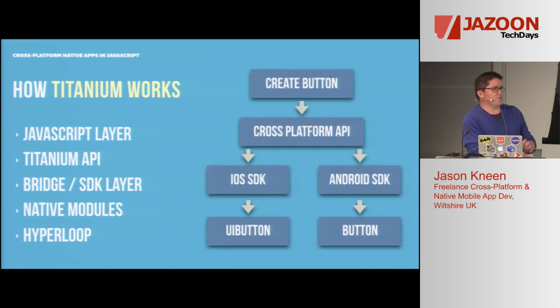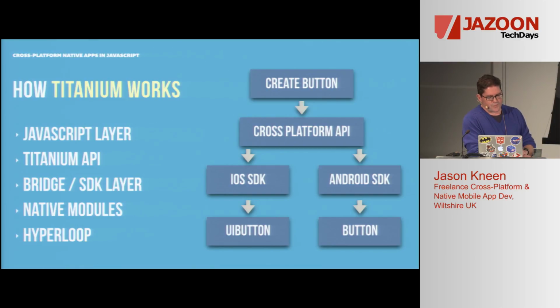There are situations, especially with Titanium, where you do need to access these underlying SDK properties or features, or there's a third-party SDK that you need access to, and Titanium is not going to have that in its cross-platform API. And that's where the native modules come in. That's where you need to start writing native code, which traditionally means Objective-C or Java, to start writing those modules for support. You expose the properties to JavaScript, and then you can drop them in the project and use them normally.